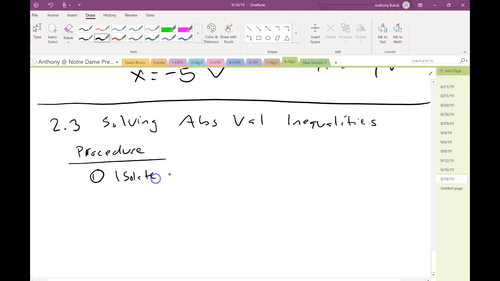So the first step is still the same. We want to isolate the absolute value part on one side of our equation.